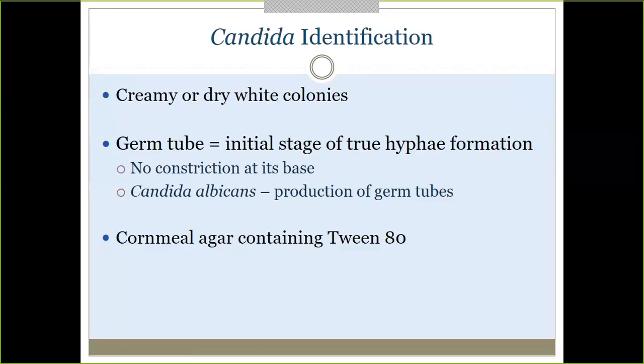The germ tube is the very first stage in which hyphae start to form. Candida albicans is a huge producer of germ tubes. So we can do a germ tube test to identify Candida albicans versus any other Candida that might be there. If there are germ tubes present, we know it's Candida albicans.